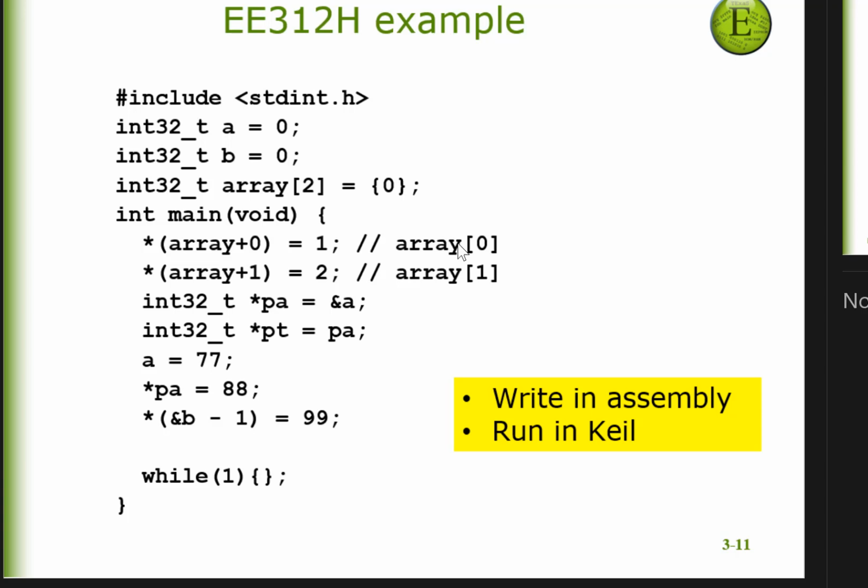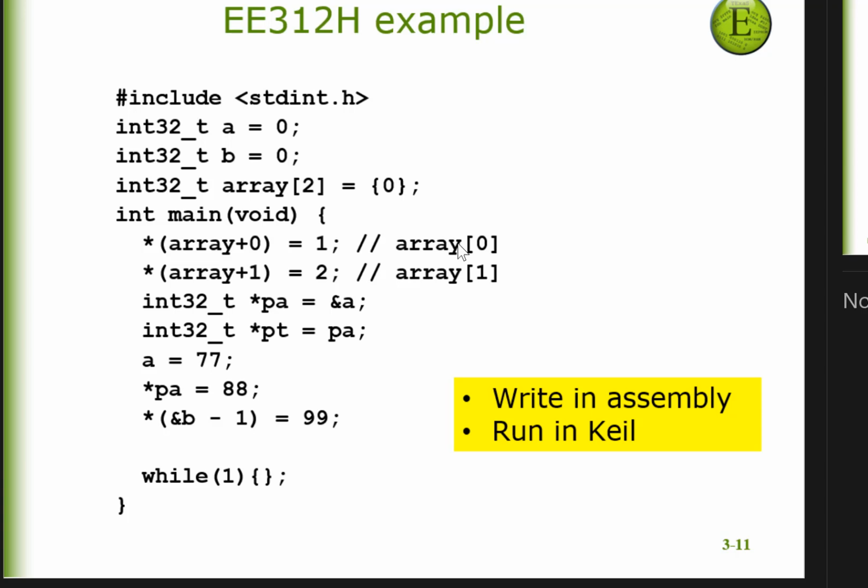It wastes RAM. You only have 32,000 bytes of RAM. If every function in your computer used globals, you'd run out of RAM. If you only need it temporarily, everybody can use the same RAM by putting it on the stack or using registers. It is also really slow, because if these were local, A and B would be in registers.